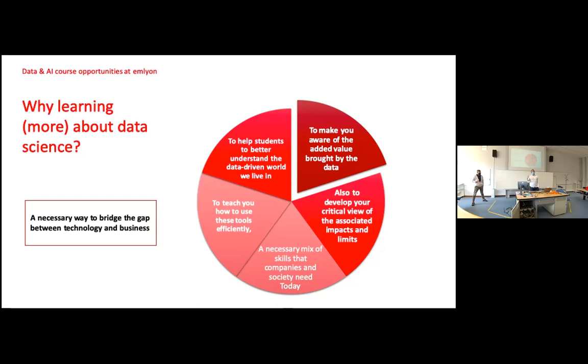You can develop your own critics about the limits, about the impact, about how data and AI are used today. So that's really the focus and the main idea of offering data science and AI courses at emlyon, in a business school, clearly. And it's clearly a necessary mix today for companies and organizations when they hire someone.